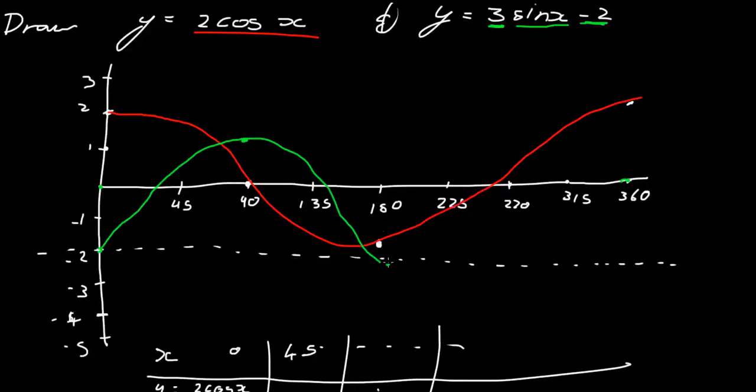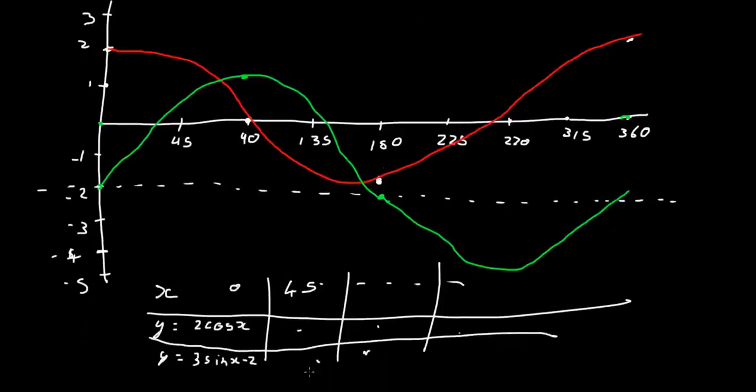So at 180 degrees, we cross our center line. So we're going to be there. Then we go below our center line, and we're going to go 3 units below our center line. So 1, 2, 3, and we reach our negative peak at 270, and then we come back up to our center line by 360 degrees. Okay, so there's your graphs.